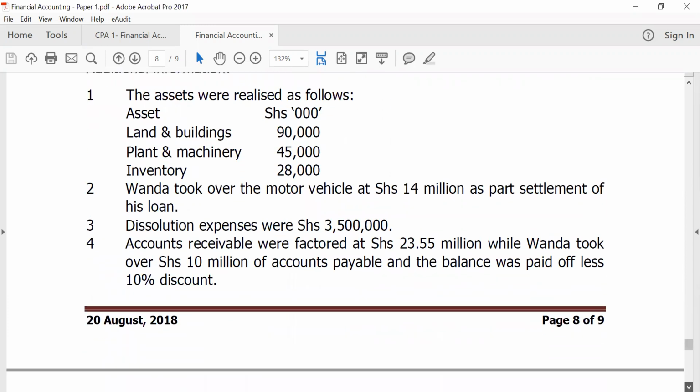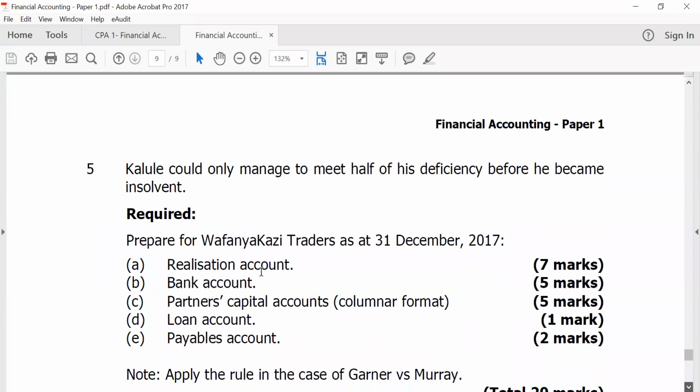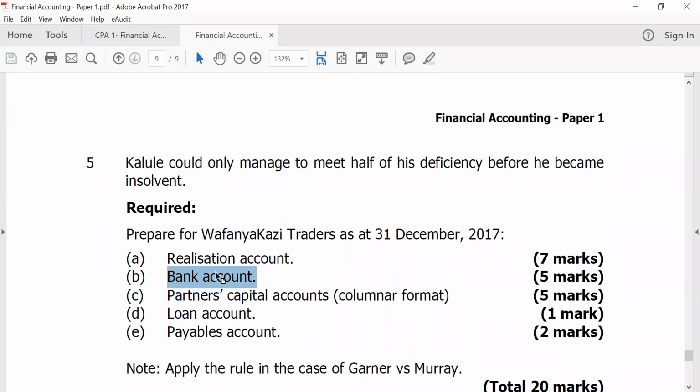Now, one of the things I usually encourage students to do is, since they have asked us here to prepare a bank account, the partners' capital account, a loan account and a payables account, to open up some of these accounts.